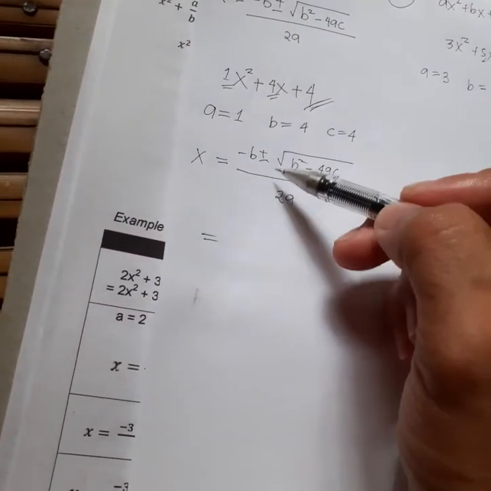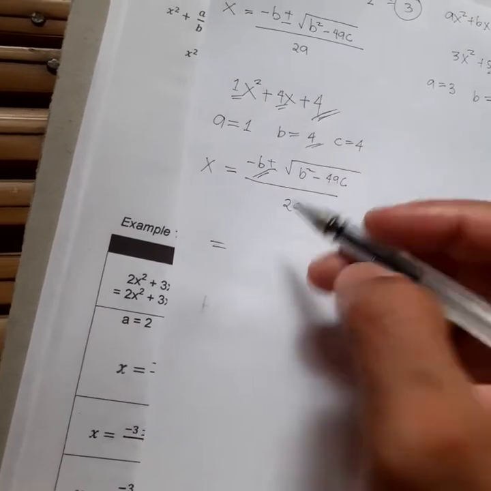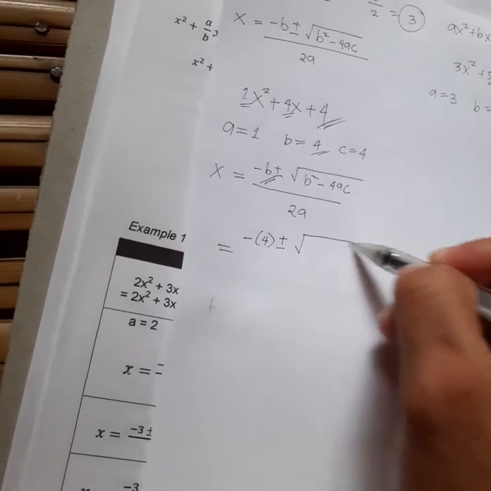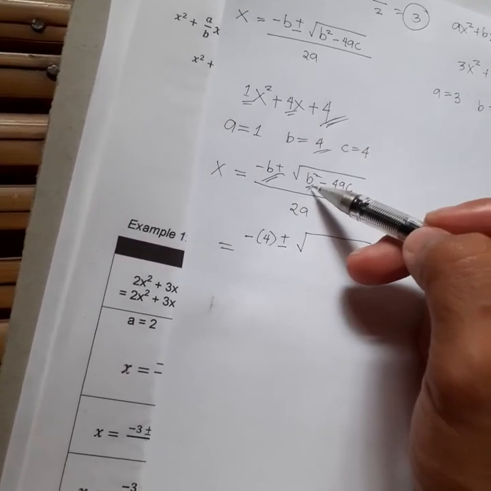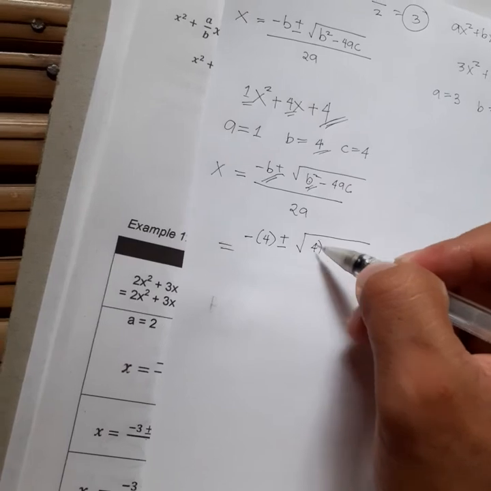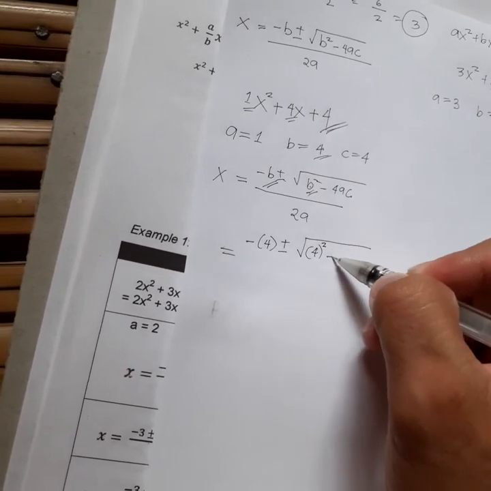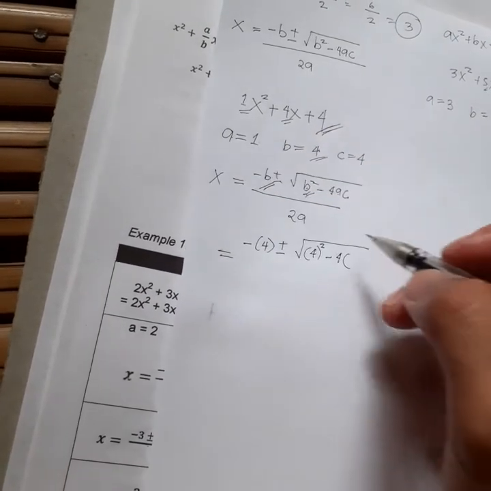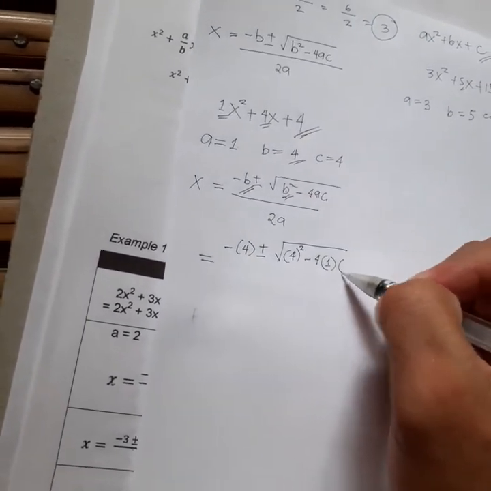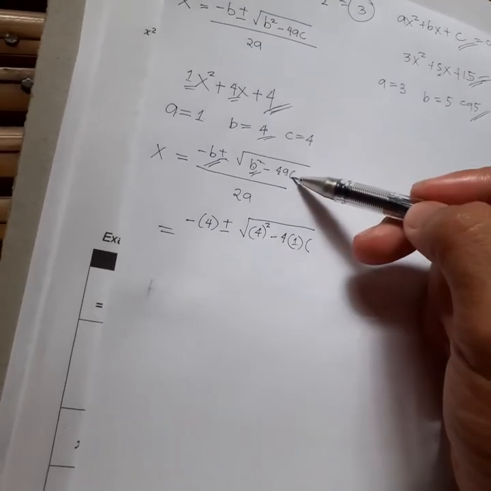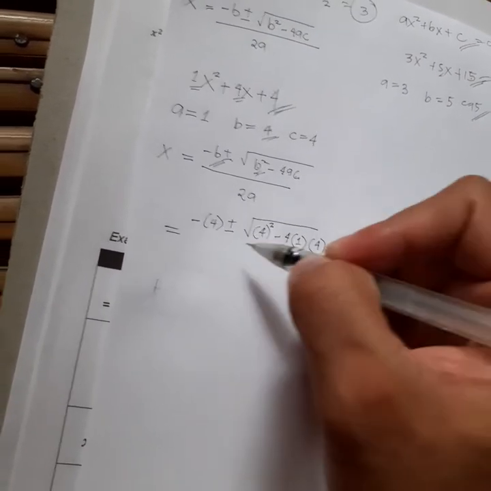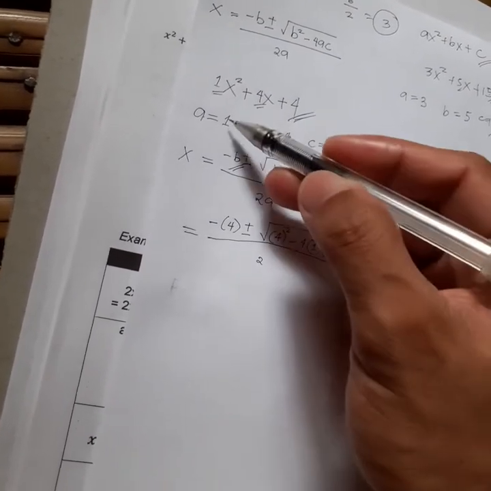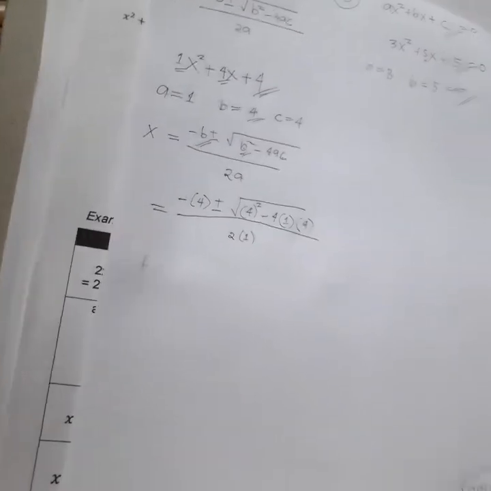What is b? It is 4, so negative 4 plus or minus the square root of b squared. b is 4, so 4 squared, minus 4 times a, which is 1, times c, which is 4, all over 2 times a, which is 1.